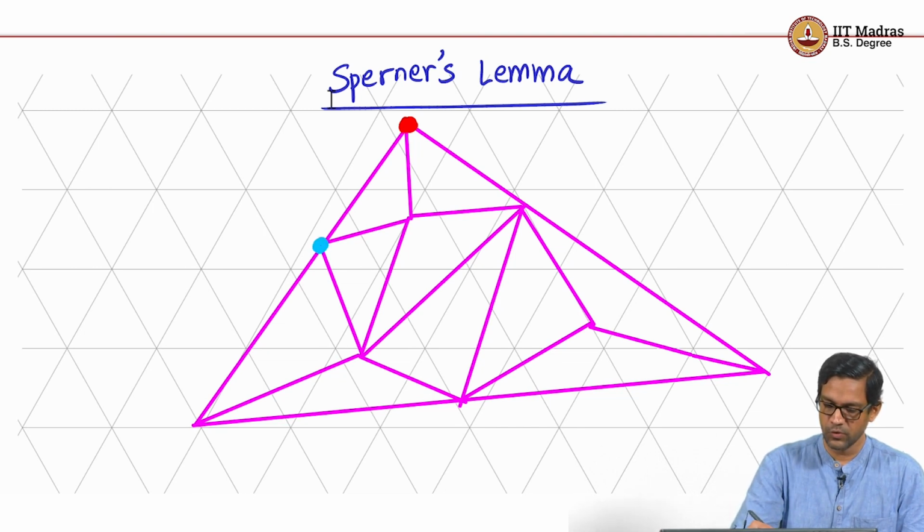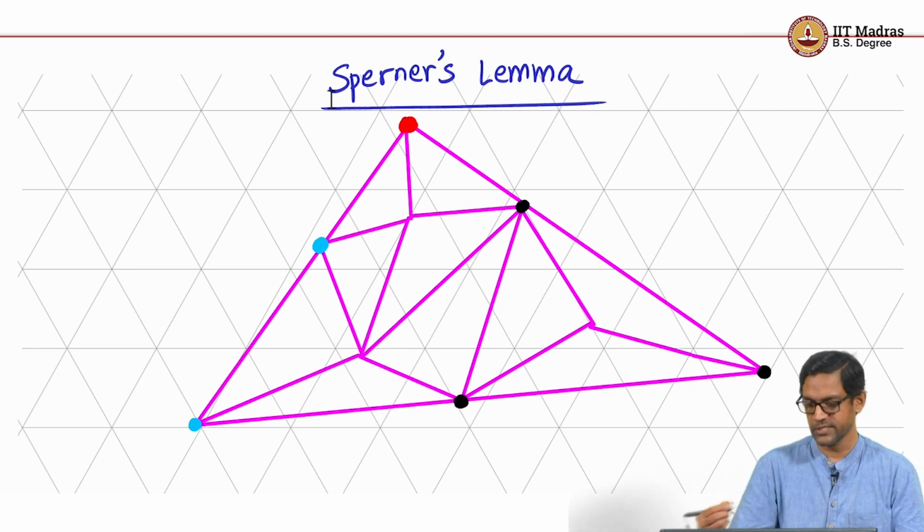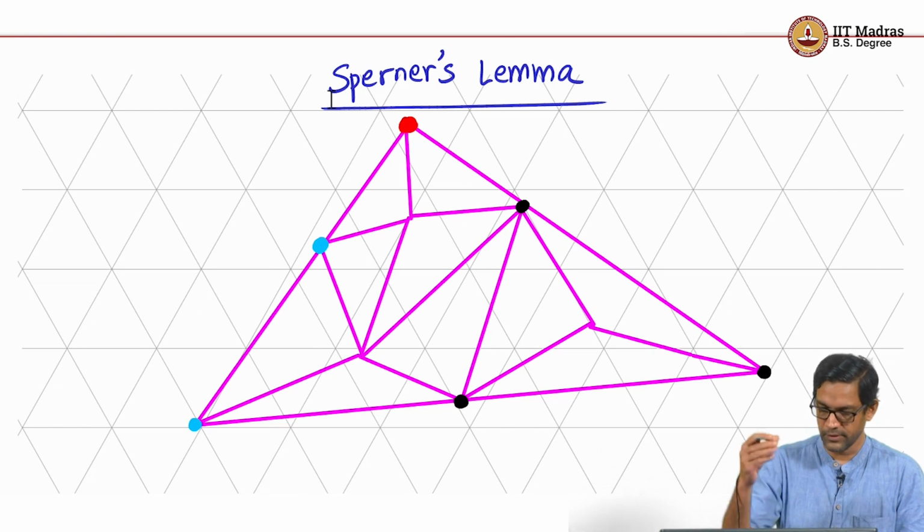So let us look at the original version of Sperner's lemma. Now what we do is place say 3 different colored balls on the 3 vertices. The boundaries have to have, each boundary edge has to have one of the 2 colors. So maybe this is black and this black. So I could have more boundary edges as well if I wanted, more balls on the boundaries.